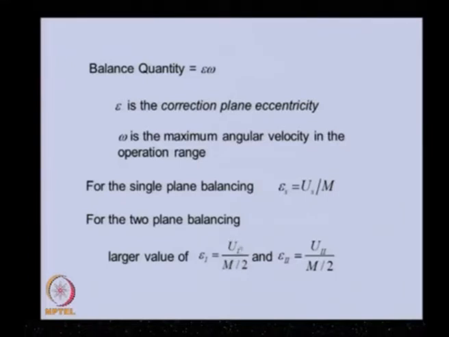This is the unbalance in one of the planes. And epsilon 2 is the unbalance in the second plane divided by half of the mass of the rotor. In this case, whichever is the larger value will be the balance quality of the rotor.